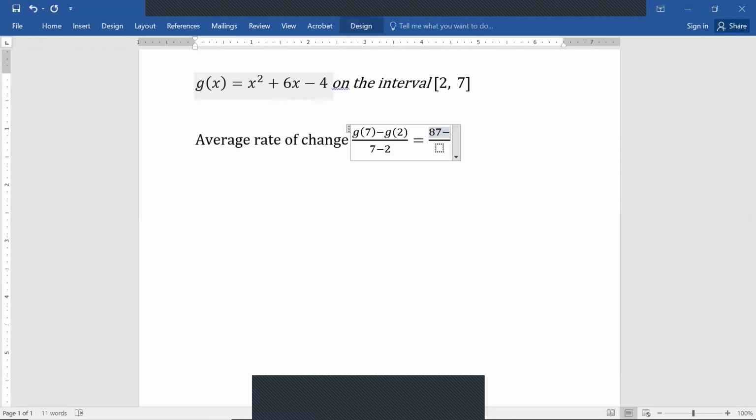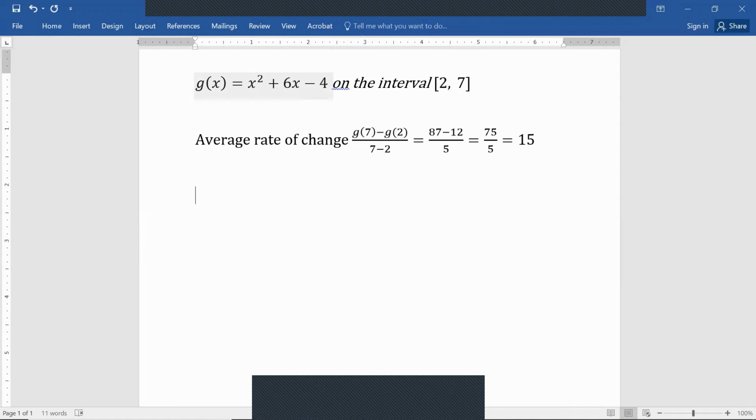If I plug in 2 into the function g of x, I end up with 12. And then the denominator, 7 minus 2, is going to become a 5. This fraction is 75 over 5, which is 15. So the average rate of change on this interval is 15.